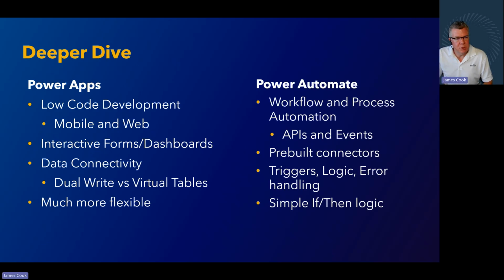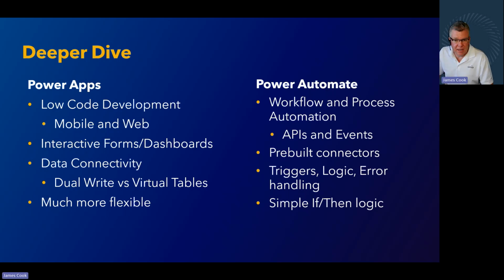So let's talk about the difference between kind of the lower end of this process. So Power Automate versus Power Apps. Power Automate was primarily designed for automating workflows and business processes. The target audience were users and IT professionals who need to automate repetitive tasks and processes.